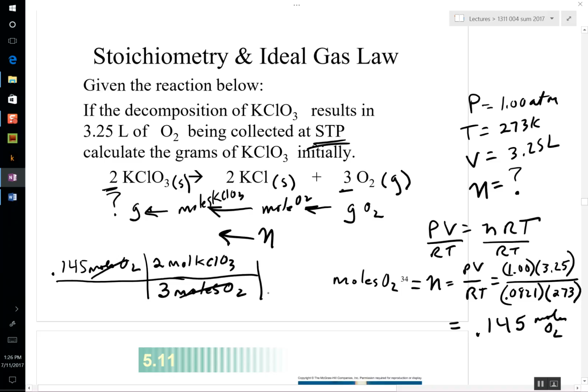And then the molar mass of KClO3, I think I almost know this by heart. Is it like 122? 106.50? Why am I remembering 122?